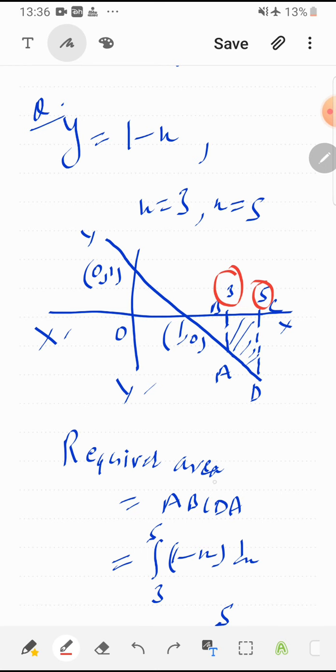I have to shade this and I have to write verbally that required area is a, b, c, d, a. Why have I written a again in the last? Because I want to say that area is bounded. If I write only a, b, c, d, that means area is open from one side. So as area is bounded, I will write a, b, c, d, a.